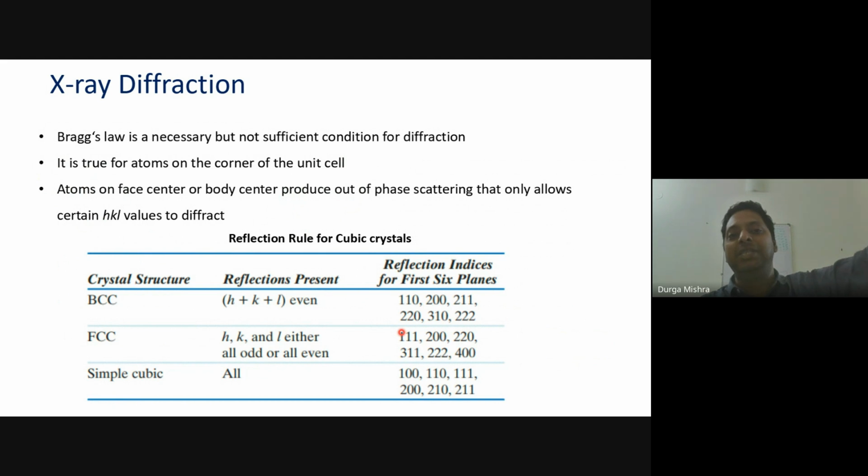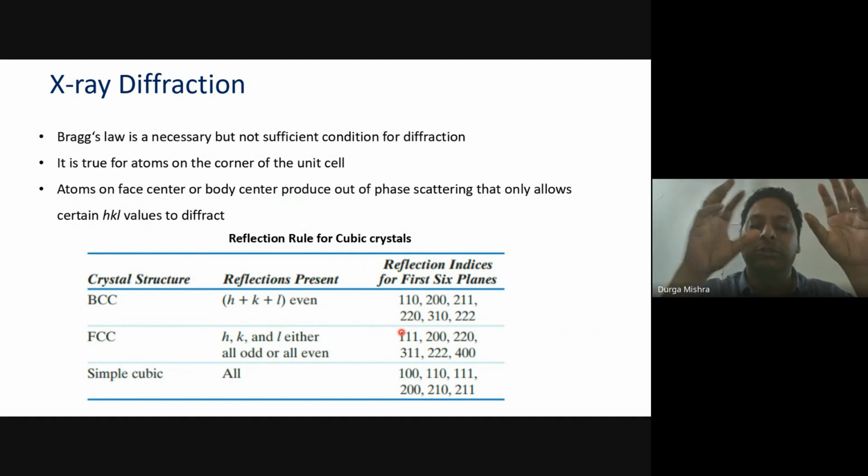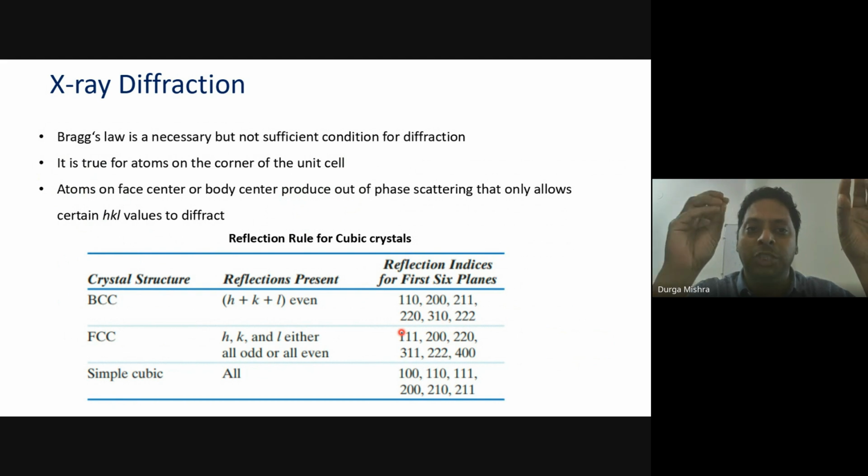But if I look at a BCC or an FCC, you have atoms in the body center or face center. They can introduce an additional phase shift or path difference to the diffracted light, and they can change the condition for the interference. So that's why you have to take into account both Bragg's condition as well as the actual positions of the atoms, to understand whether the diffraction will happen and you will see a constructive interference or not.